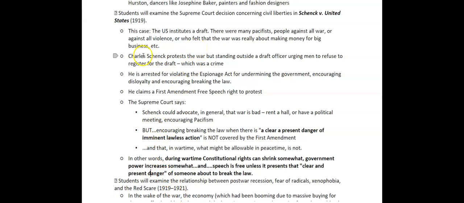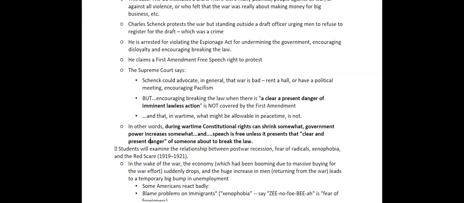Okay. One of them, Charles Schenck, stands outside of the draft office handing out leaflets encouraging guys not to register for the draft. Now, refusing to register for the draft was a crime, so he's encouraging them as a protest against the war to commit a crime.